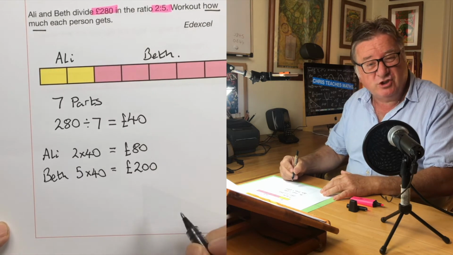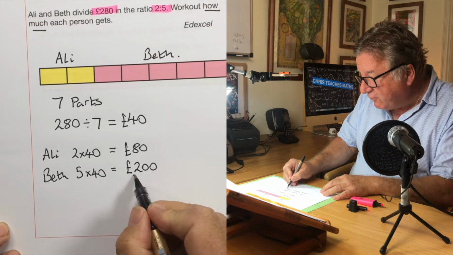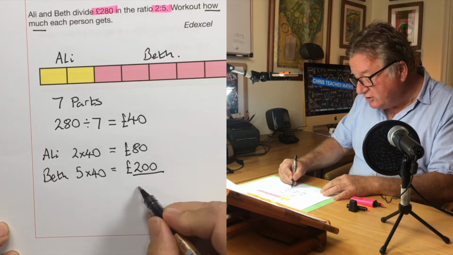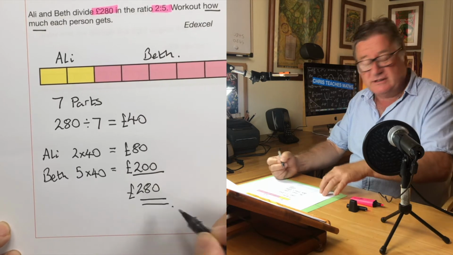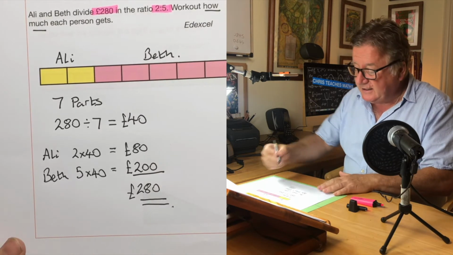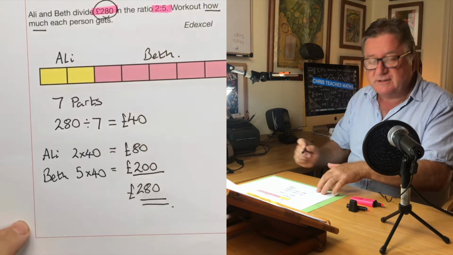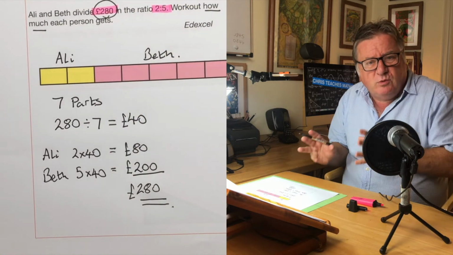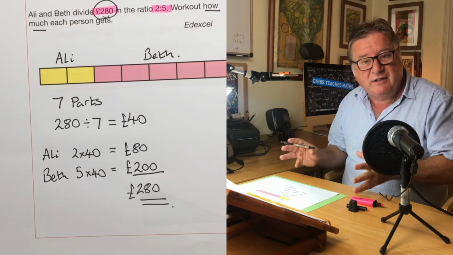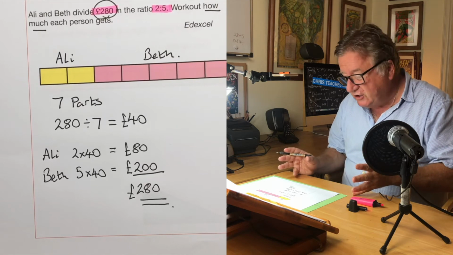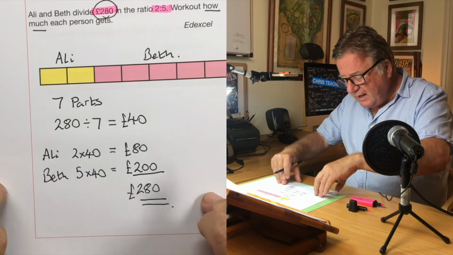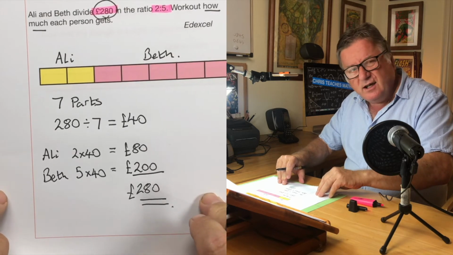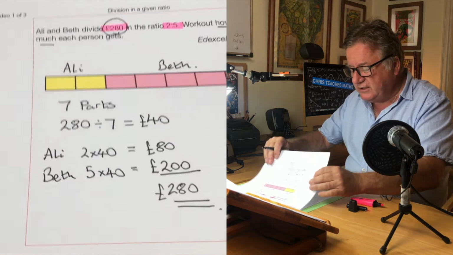Just a little check, if we see how much they have altogether, 80 plus 200 is 280. This is a check, you don't need to do that in the GCSE, but it's quite nice to see we've got back to where we started. Okay, this I would consider should become a very standard question for you at GCSE, but it's the bar that I'm interested in, and we're going to look at quite a clever little question here.